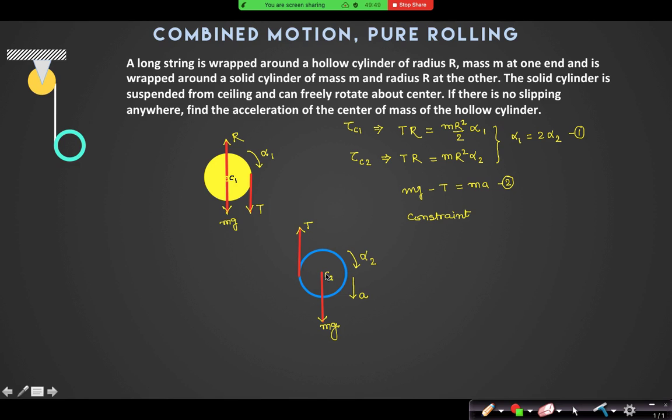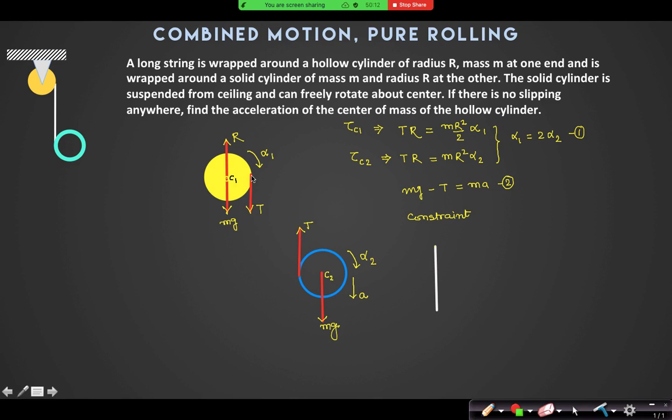What is R alpha 1? Let us first try to understand that. If you think about the string that connects the two cylinders, what is the acceleration of this topmost point?